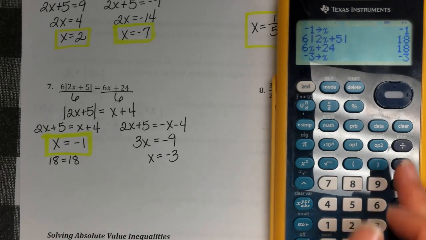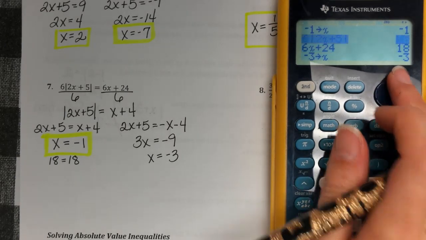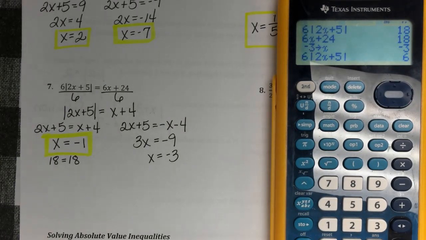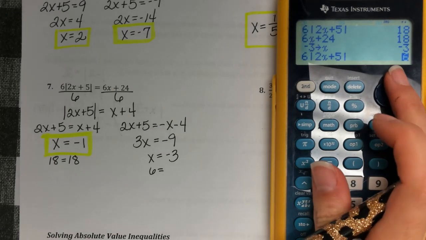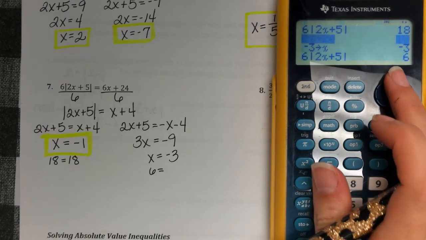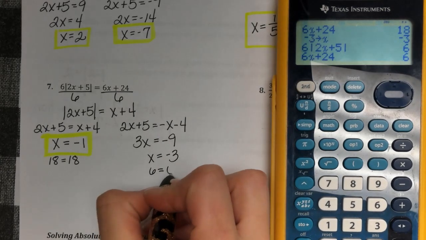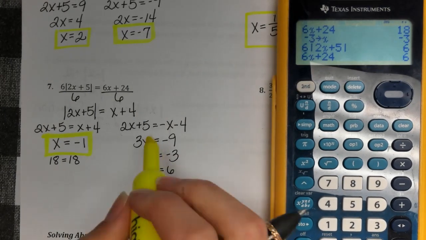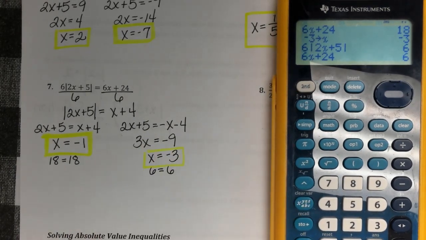Check negative 3 for x, gives me 6 equals 6 also. So both are a good solution.